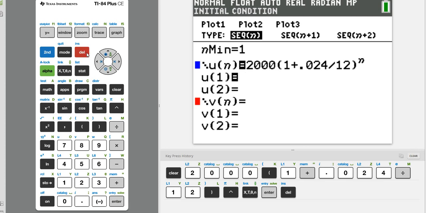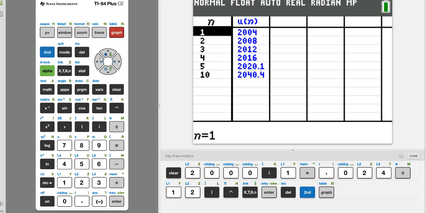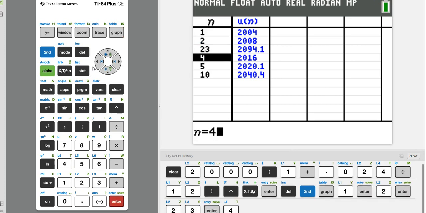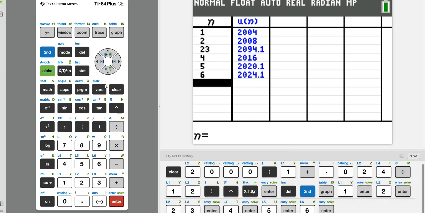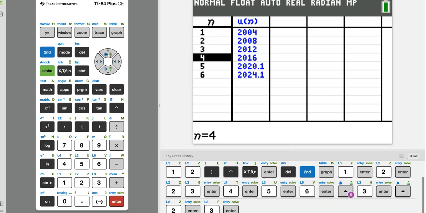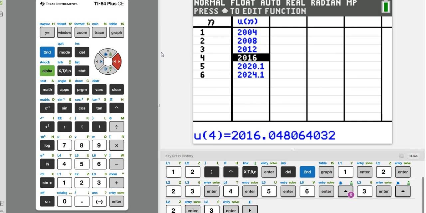Now, when you're all done with this problem, remind me we're going to have to get out of this mode, but hit the second key, then the table key, and I've got a bunch of these numbers already. It does ask you to round to the nearest hundredth. There we go.